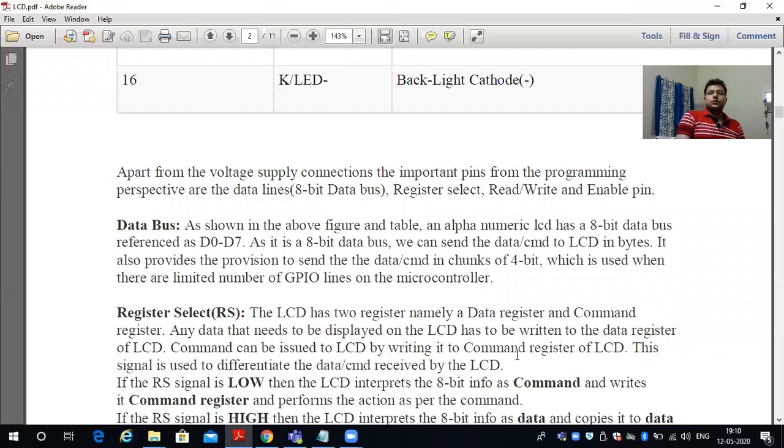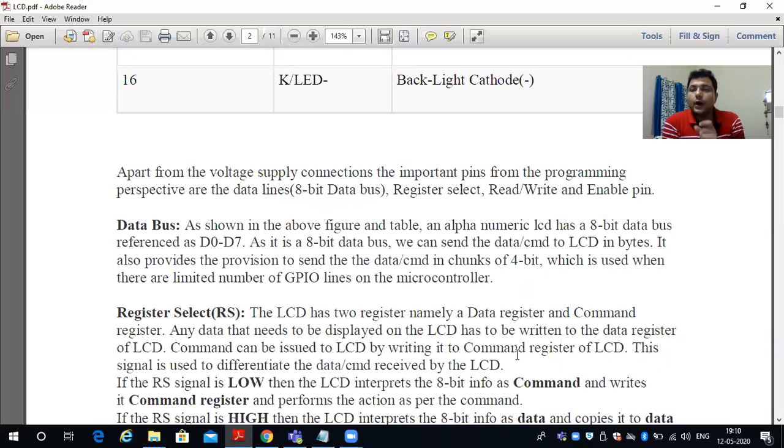Now we'll discuss the data bus. So in total, there are 8 data lines. So at a time, we can send 8 bits to the display unit. This display unit is used for displaying alphanumeric characters, ASCII characters. So anything which we can encode using ASCII format can be very well displayed over the display unit.